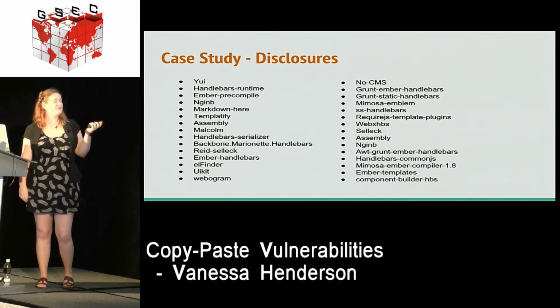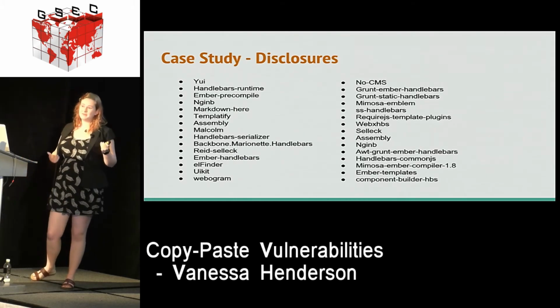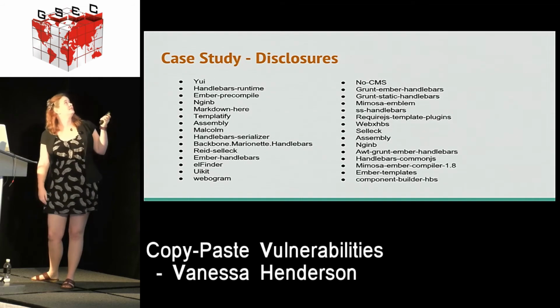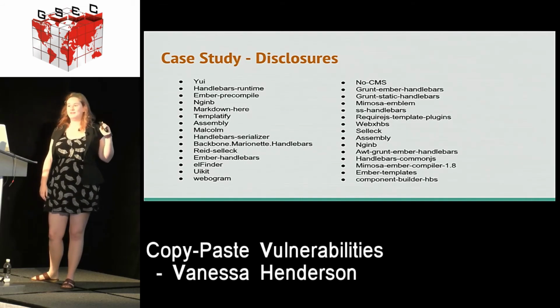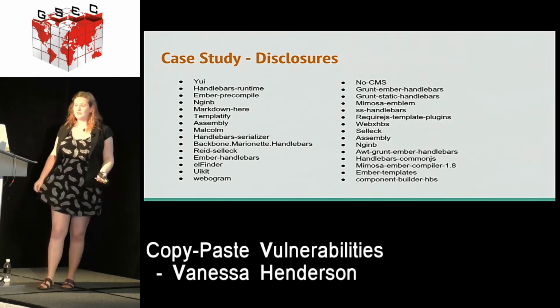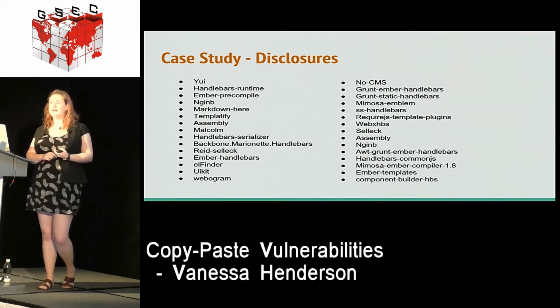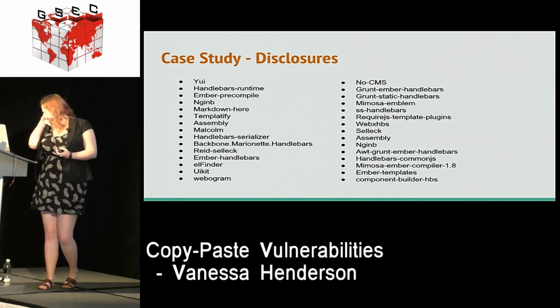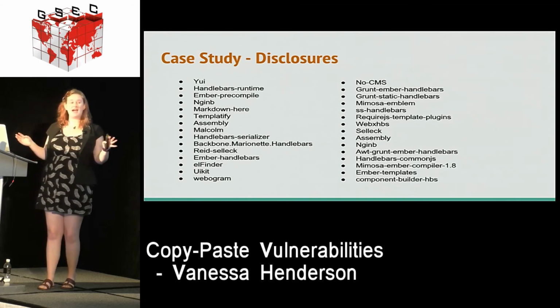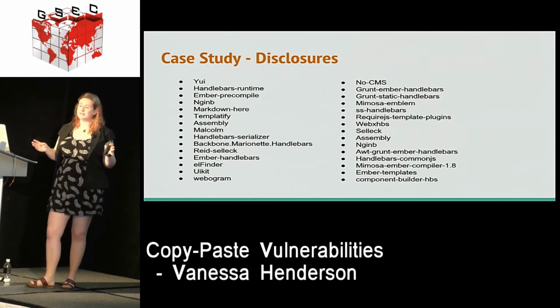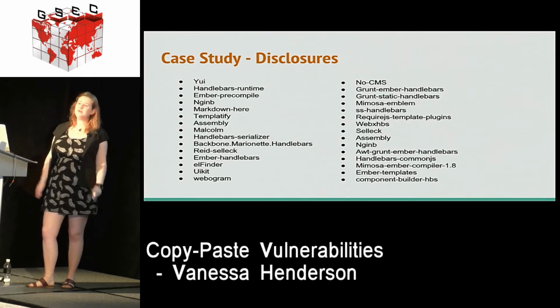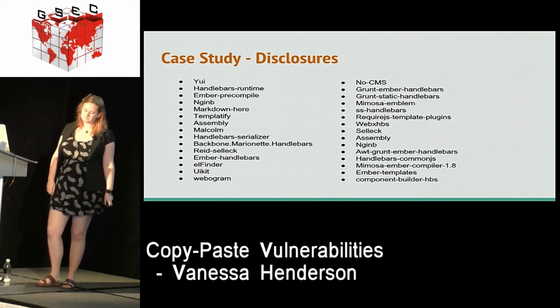Behind me here are some of the ones that we disclosed to. There are some very popular packages that you can probably see in there. UE is one of the main ones that we found that was vulnerable. They actually did respond to our vulnerability disclosure, saying that despite the thousands of users that are still using their product, they weren't going to fix it because it was deprecated.